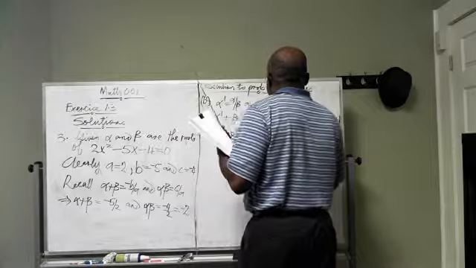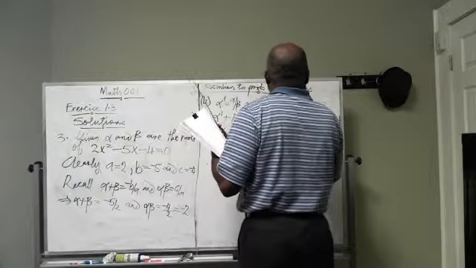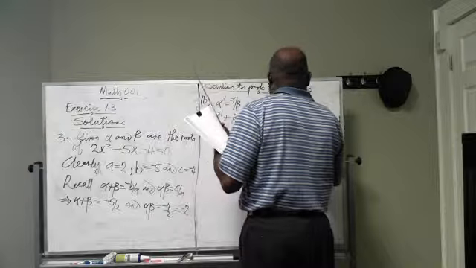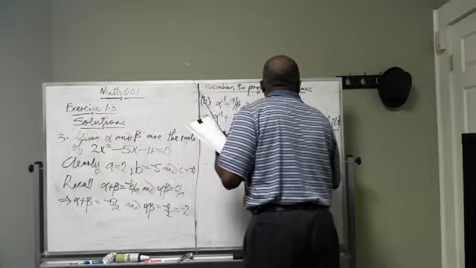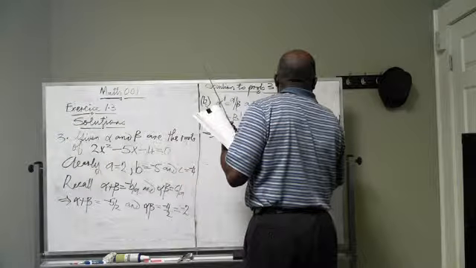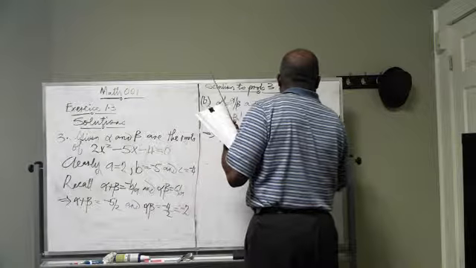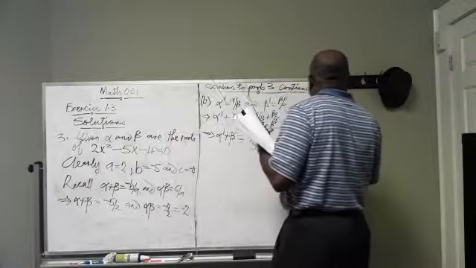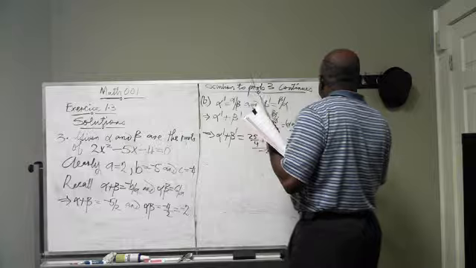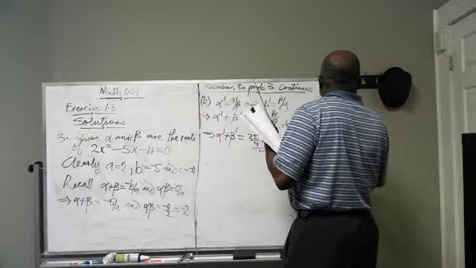This gives us 25 plus 16 all over minus 4. This is equal to minus 41 over 4.